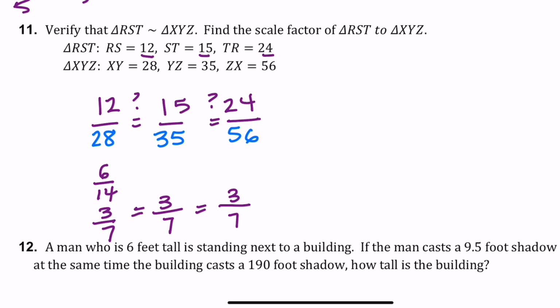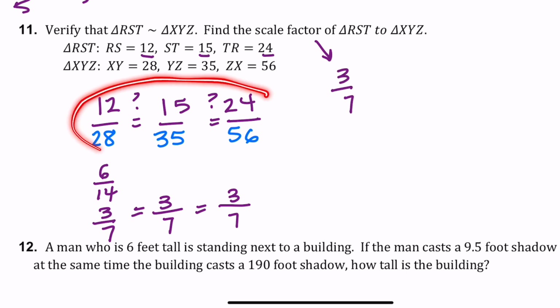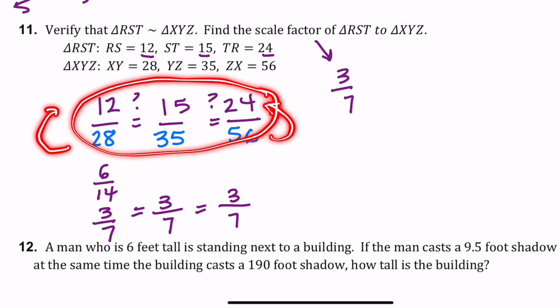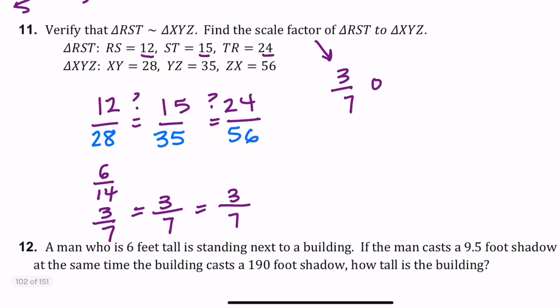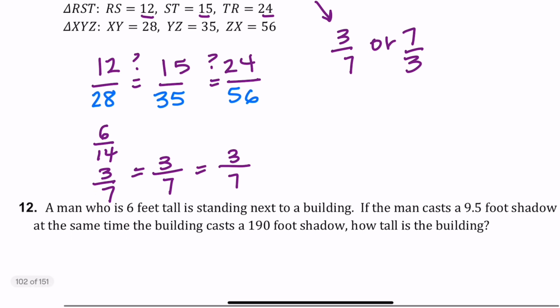So all three of those reduce to 3/7. So that would be our scale factor. Now if we had switched all of these numbers around, so all the denominators were in the numerator and all the numerators were in the denominator, we would have gotten 7 over 3. So either one of those could be considered the scale factor.